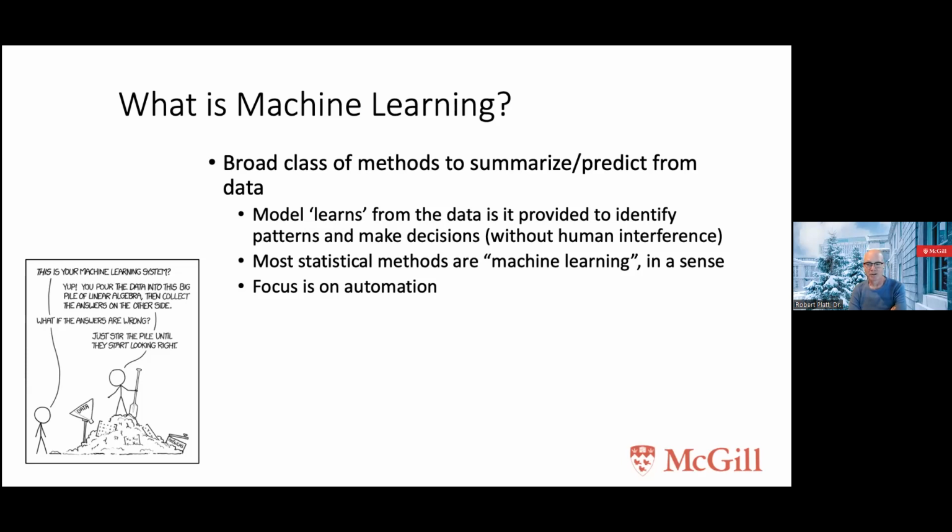The focus, however, in machine learning, as I understand it, is on automation of these methods. So the idea is to create automated methods that produce predictions or identify patterns or otherwise.